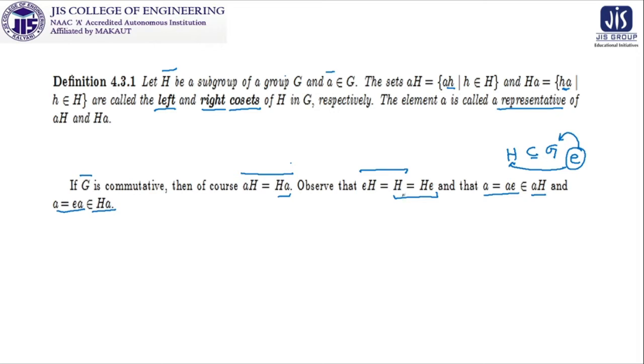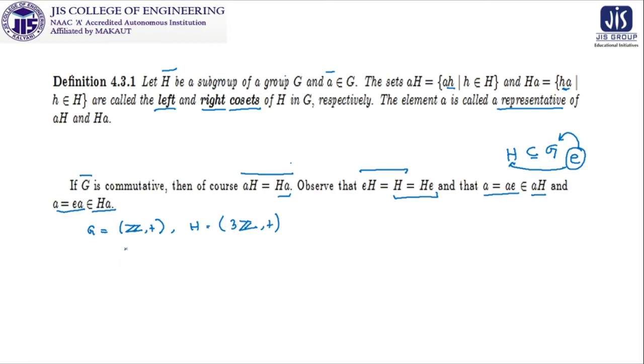Now, before going to the next slide, if we take G as Z under addition, and if we take H as 3Z under addition, then H is a subgroup of G. From this figure it is clear.